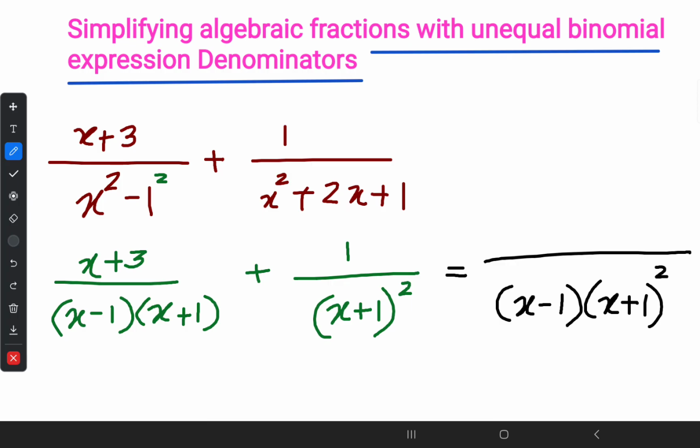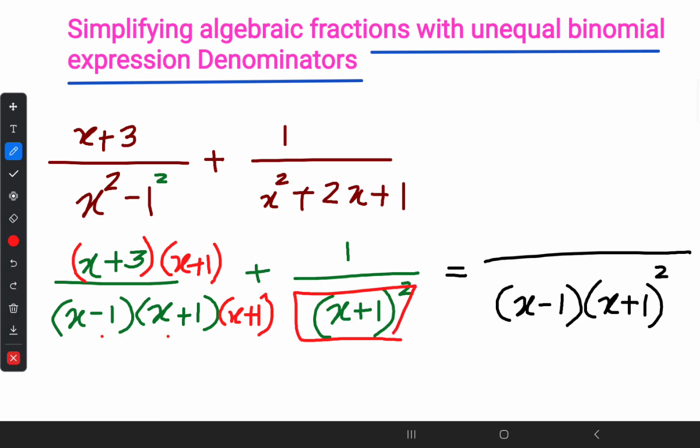Thereafter, look at the denominators. Now (x + 1) square times (x − 1). Here x − 1 into x + 1 is already there, so it should be multiplied with another x + 1 to obtain the denominator. And in the next one also, it is already having (x + 1) whole square as the denominator, so it should be multiplied with x − 1, both numerator and denominator.